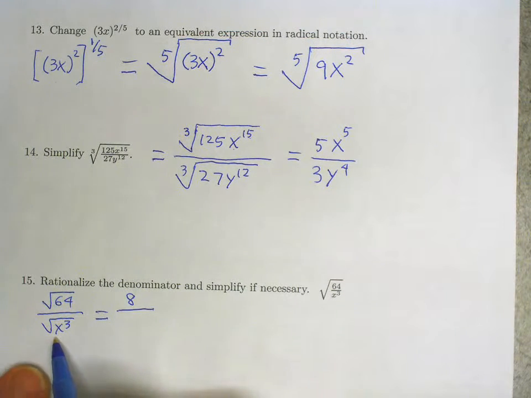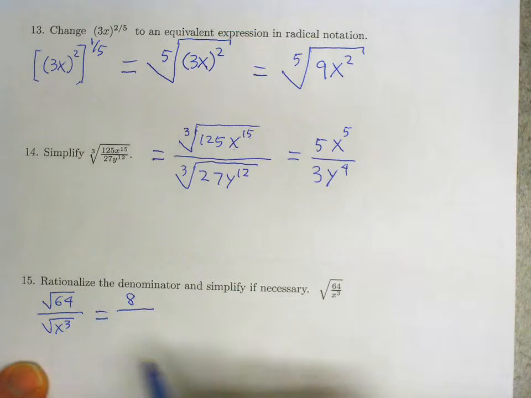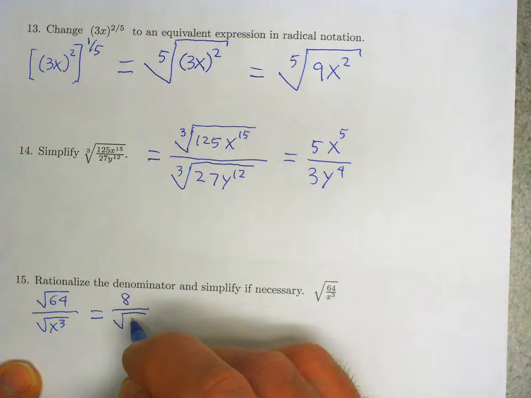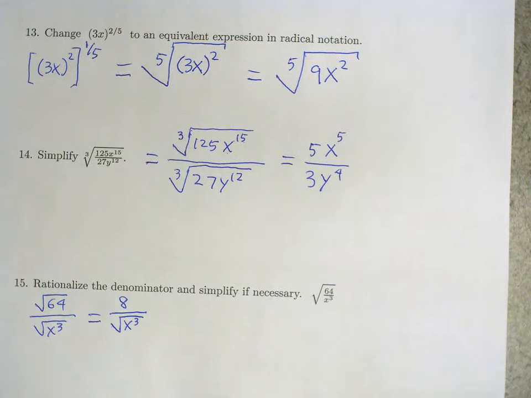And there's more than one way to go about rationalizing the denominator. But at this stage, I'm just going to leave the denominator as the square root of x to the 3rd. So eventually we want an expression that does not have a square root in the denominator. So since the denominator has the square root of x to the third, remember we're going to multiply by 1 in a special form.